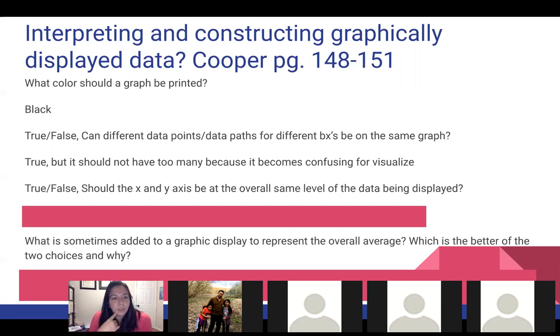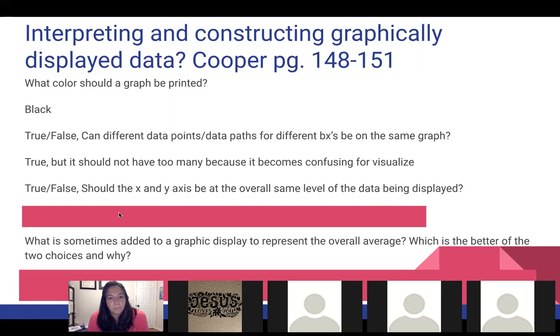All right, next question. True or false? Should the X and Y axis be at the overall same level of the data being displayed? No, I think same level. I don't understand that question either. I don't think necessarily they have to be at the same level. If I guessed, true.